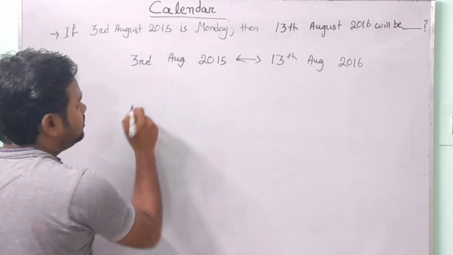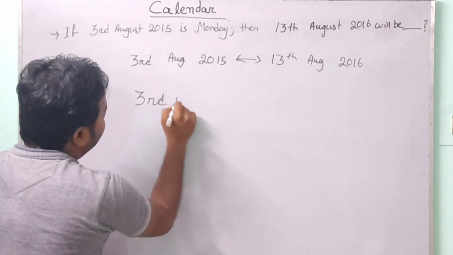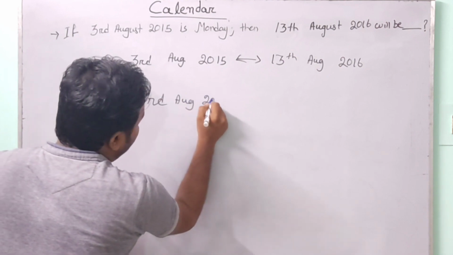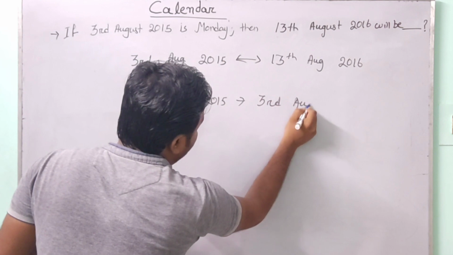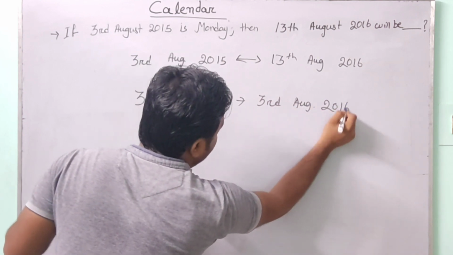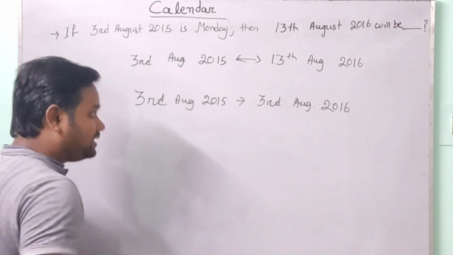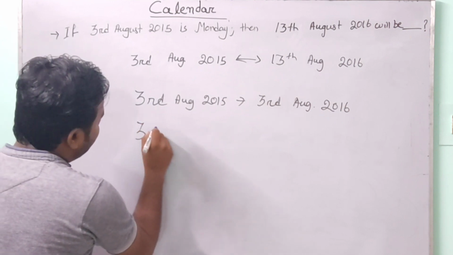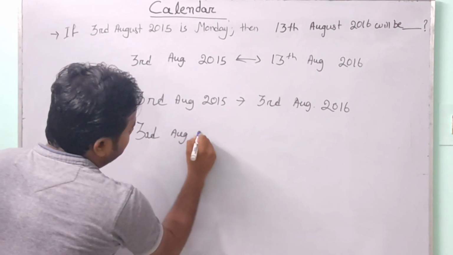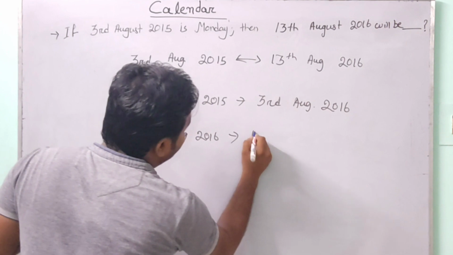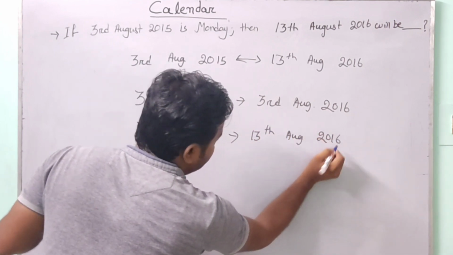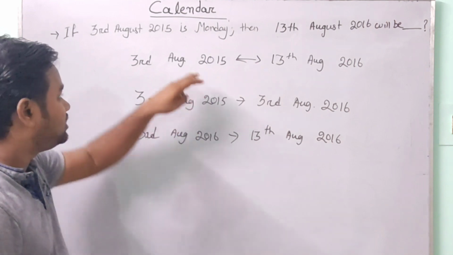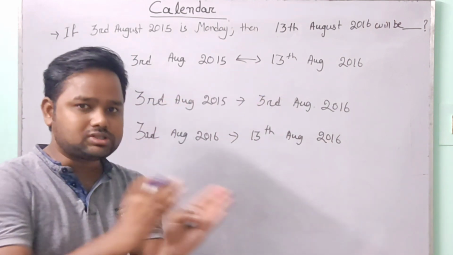That means one part will be 3rd August 2015 till 3rd August 2016. 1 year is passed. Then we have to check 3rd August 2016 till 13th August 2016.